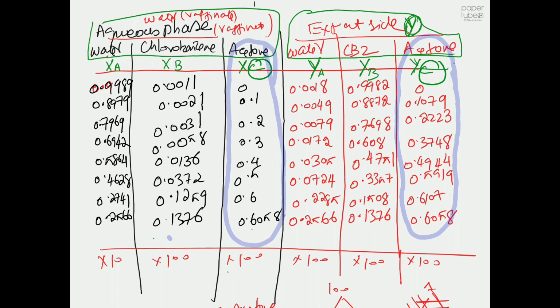And if you see the last point, 0.6058, 0.6058, what does that mean? The weight fraction of your solute in the raffinate side and in the extract side are equal. So that's our plait point. If you plot all these values in your ternary diagram, our plait point will be at 0.6058 on the ternary plot.